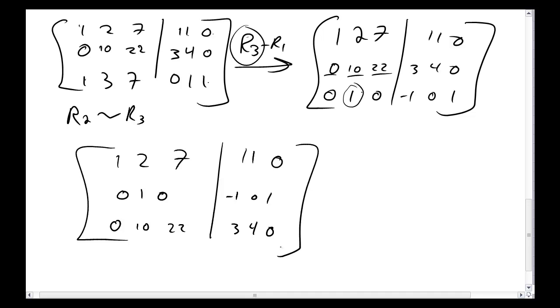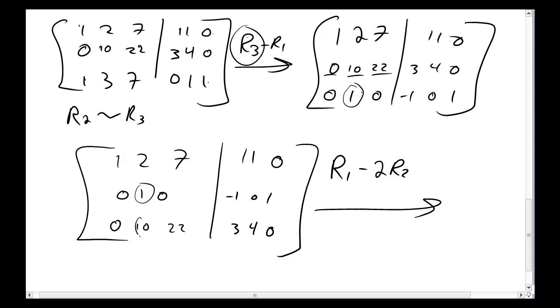Okay, I've got some things I want. For this second column, well, I want to pivot around this guy. I've already got a 1 there. So now I need to keep on working. I need to turn that 2 above it into a 0, and I need to turn this 10 below it into a 0. How does row 1 need to change? Well, row 1 needs to get row 2 subtracted from it twice.